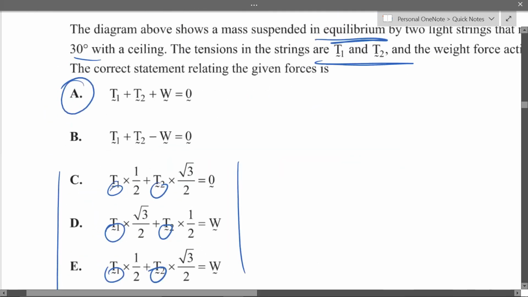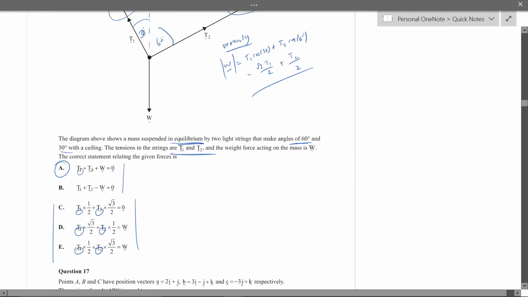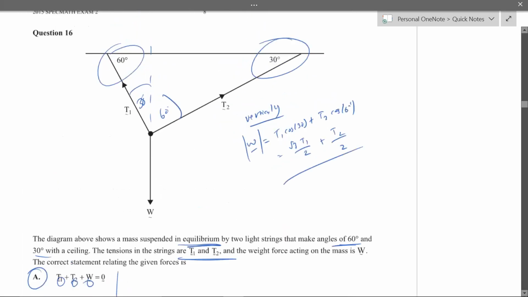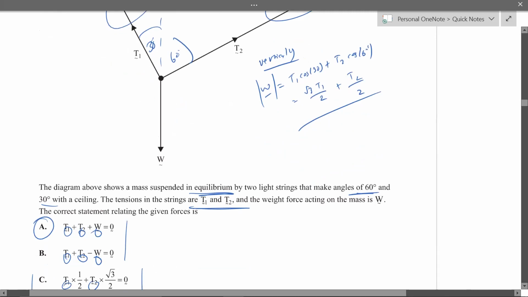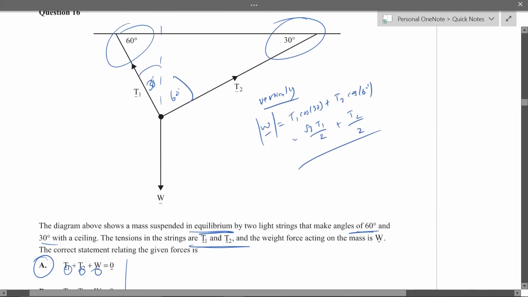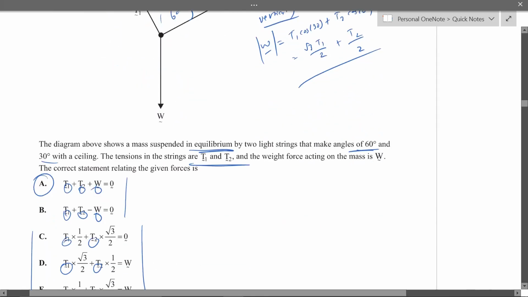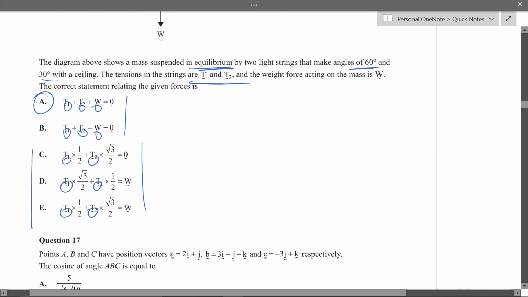That means the only ones that could be correct are A and B, because since everything has a tilde underneath it, we're dealing with the actual vectors here, not just the magnitudes. If something's in equilibrium, then the addition of all the vectors has to be zero. So that's why it's A. That's the trick with that question: because everything has tildes, we have to consider the vectors, not the magnitudes.